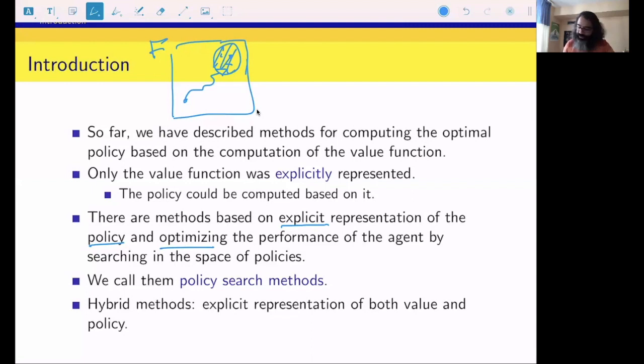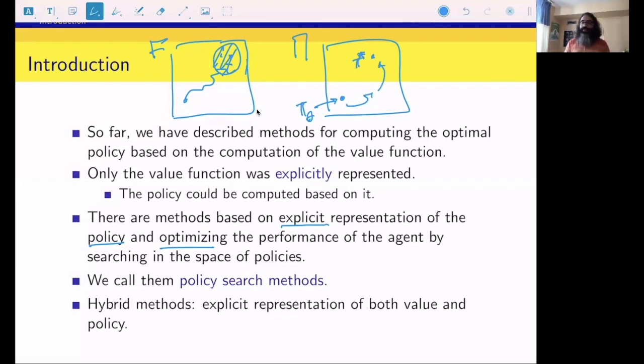But here the idea is that let's start talking about the policy space and represent each policy in some explicit form. And I'm going to show you some examples. So each of these would be one policy, maybe parameterized by some parameter theta. And then the goal is to guide this movement of policies in order to get to the pi star, or an approximation.